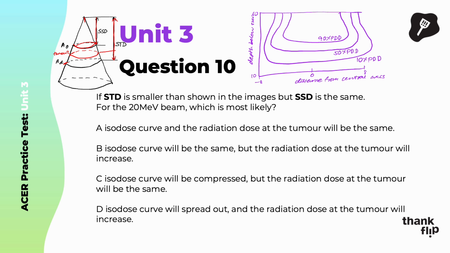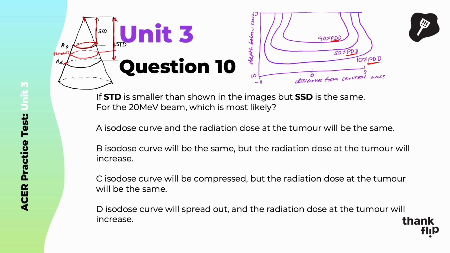So what is the isodose curve actually showing? It's basically showing us different PDDs, right? And the PDD is the percentage depth dose. That's essentially the percentage of the maximum absorbed dose that could possibly be absorbed.